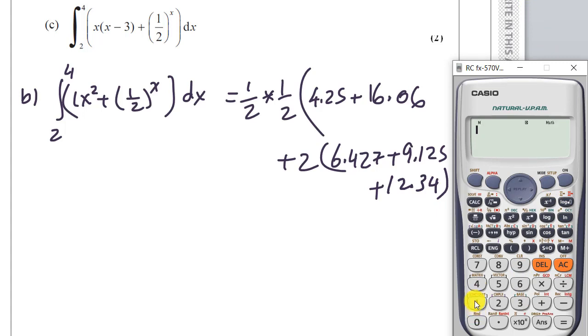So now 0.5 multiplied by 0.5 multiplied by, open the bracket, 4.25 plus 16.06 plus 2, open another bracket, 6.427 plus 9.125 plus 12.34, close the brackets, and then equal to 19.02.